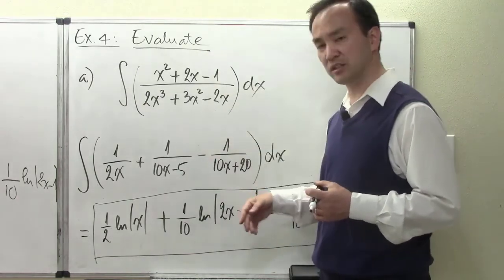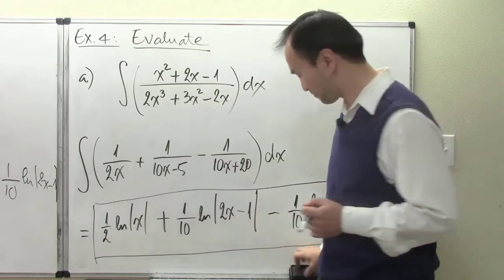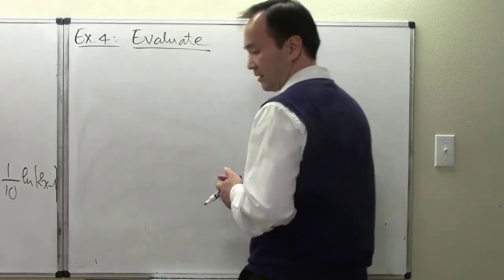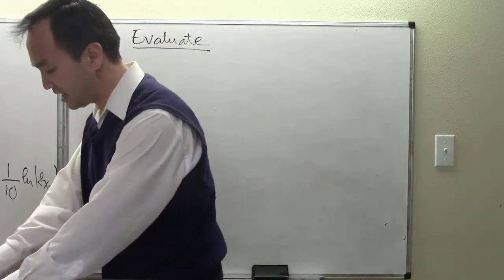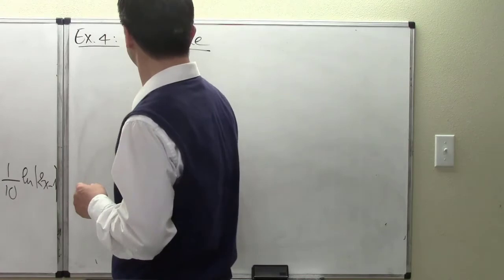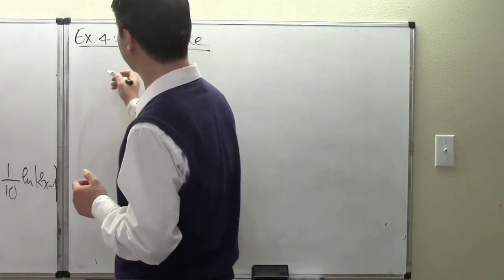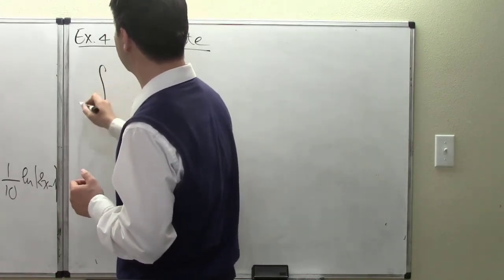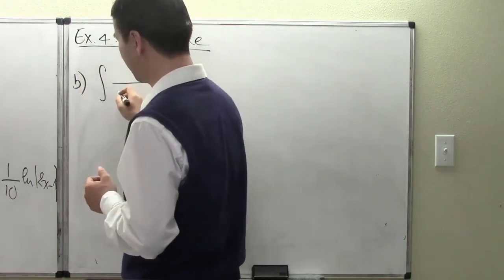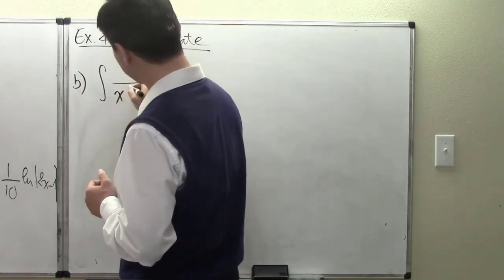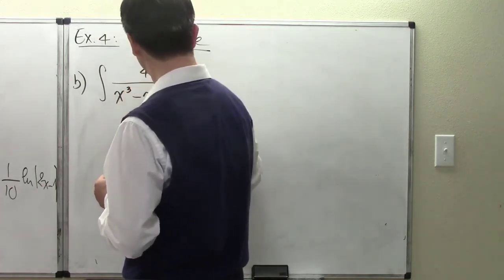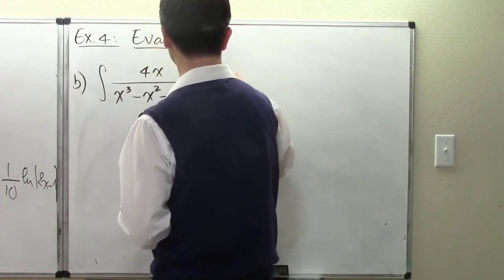The next one here, I'm going to call part B. So the integral in part B that I'm looking at is 4x over x cubed minus x squared minus x plus 1, with a dx.